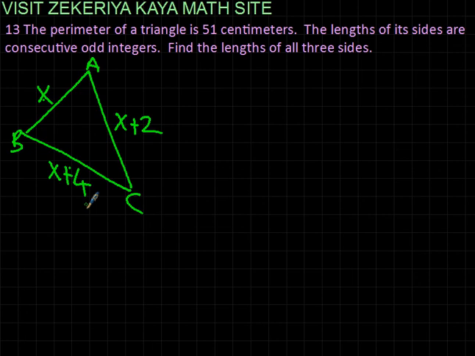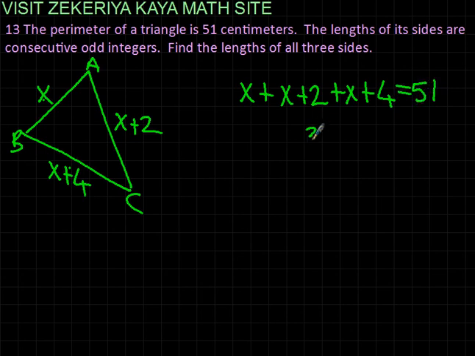So the thing which I know about them, from the first sentence, is that their sum should be equal to 51. Let's add all of them. First side plus second side plus third side must be equal to 51. How many x are there? Everybody can. You are all at that level.